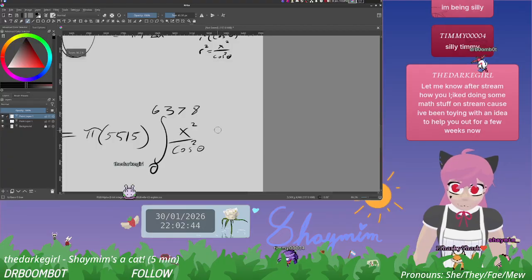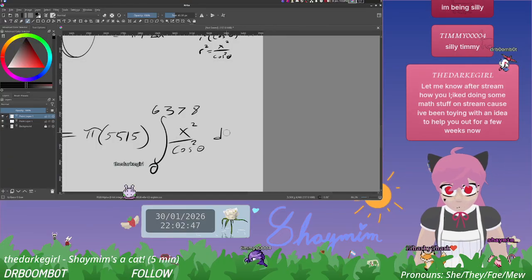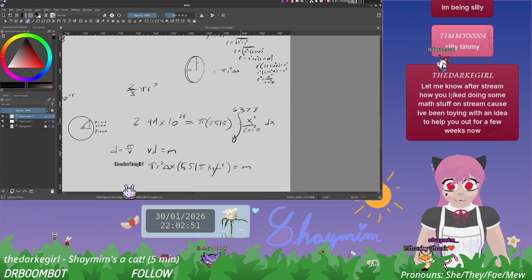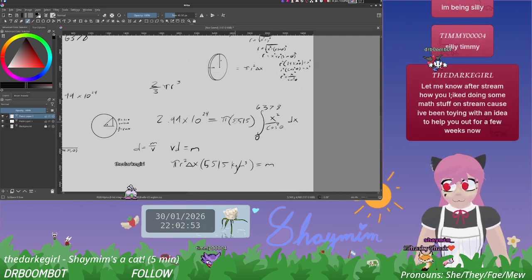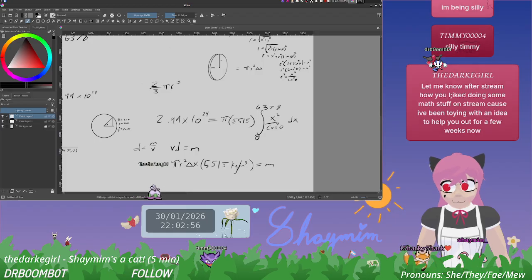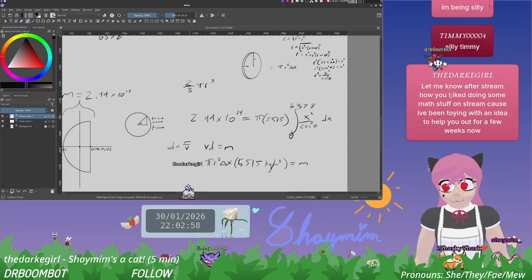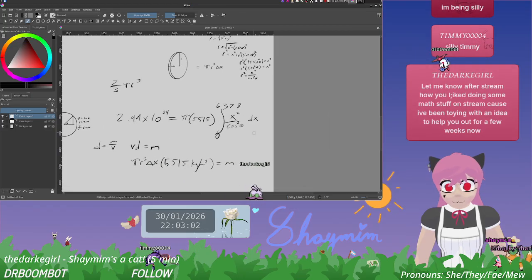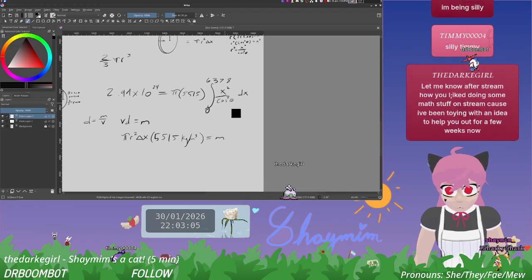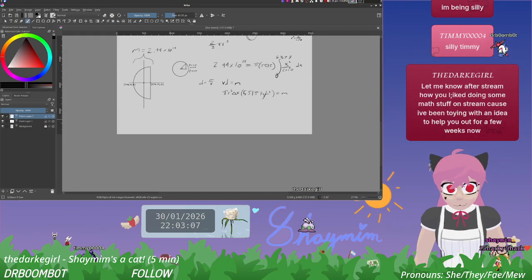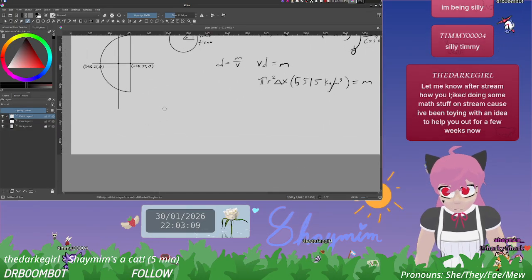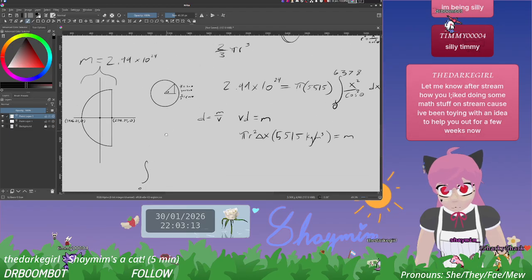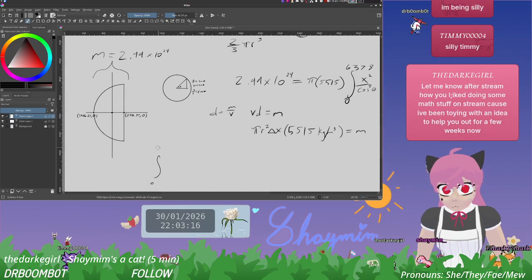well, with respect to x, see, now I'm still confused because we've got a theta in there. I guess we could say that... no. But anyways, 1 over cosine squared is secant squared, so that's 6378.